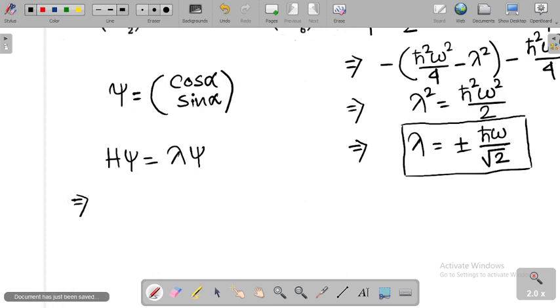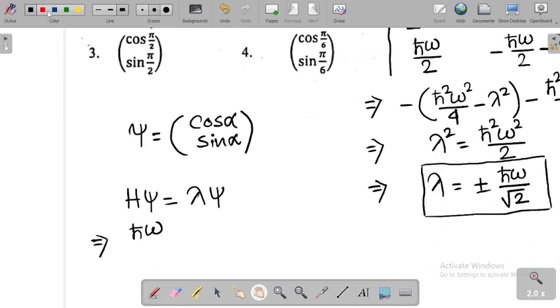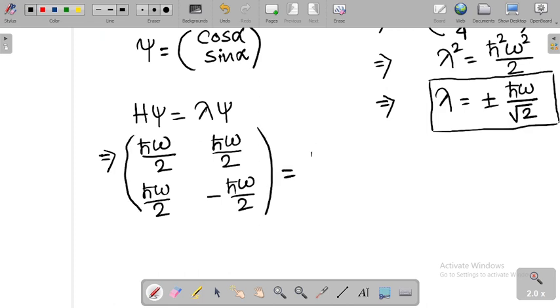So H is given by h cut omega divided by 2 times the matrix with entries 1, 1, 1, minus 1. And lambda is h cut omega by root 2.